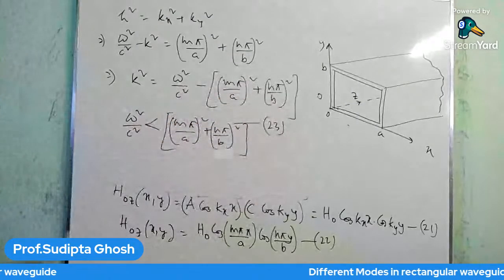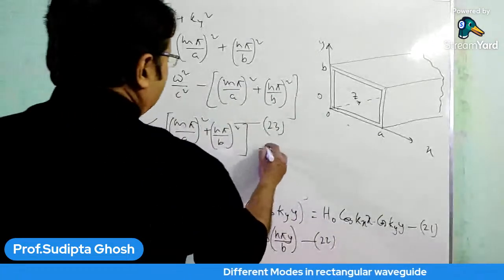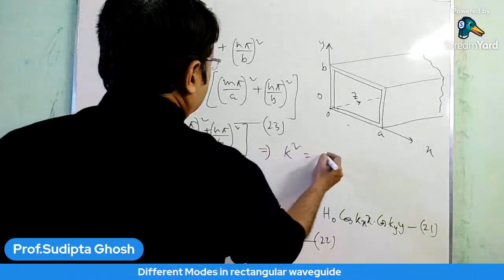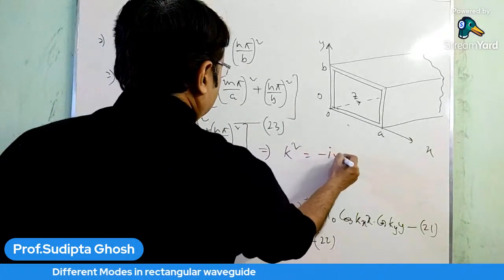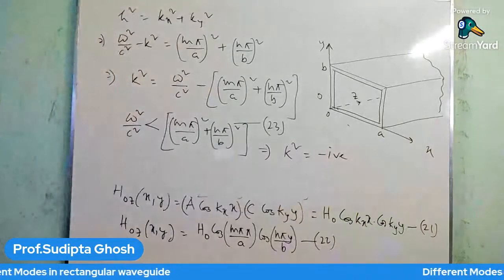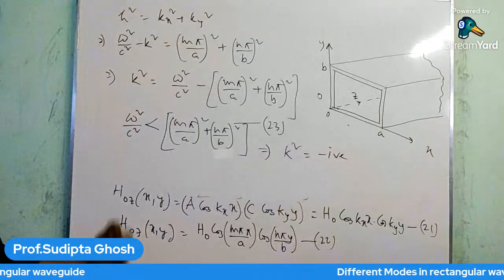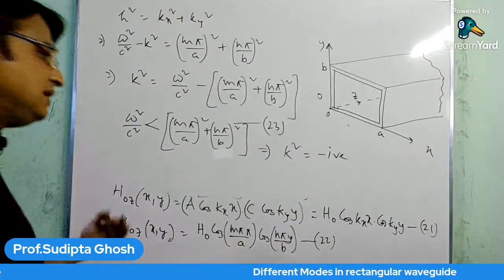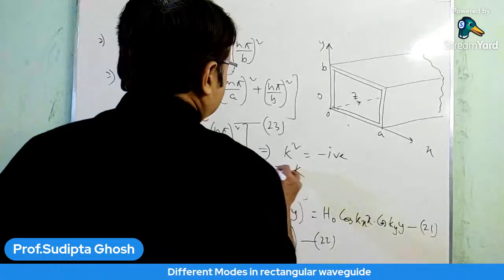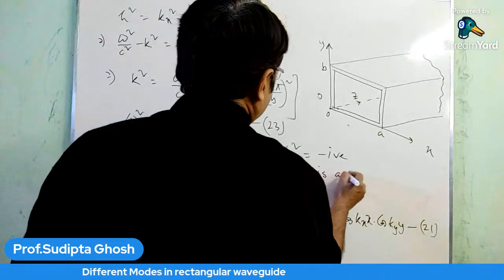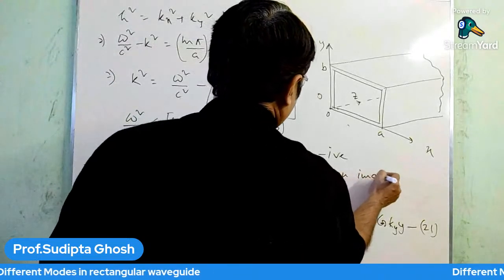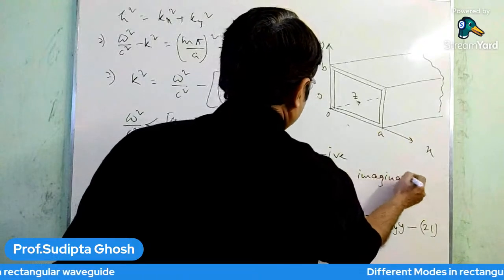Then the value of k square is negative, and if k square is negative, then it implies that k is an imaginary quantity.